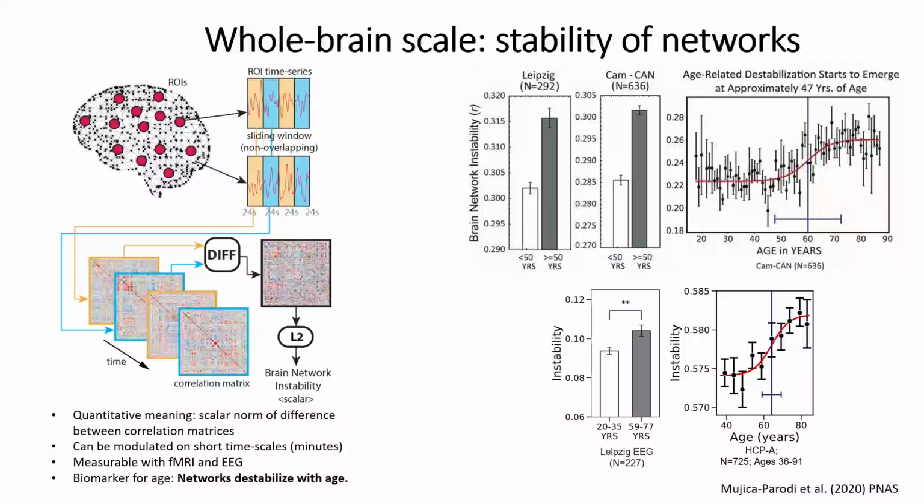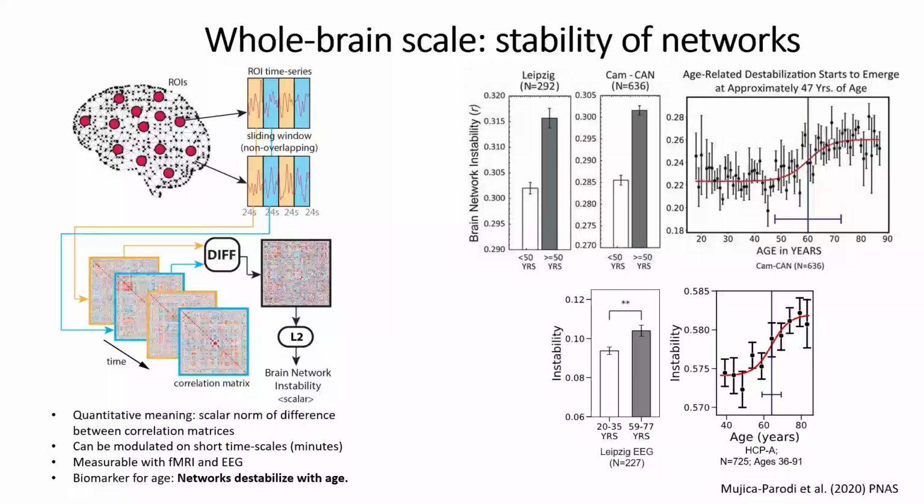When we look at the age trends, we saw consistently across several publicly available data sets involving hundreds of subjects that networks destabilized across the lifespan. What's interesting is it wasn't a linear increase. If you look at those sigmoidal curves, you see that there's actually a sudden deterioration that starts at the age of 45, 50.